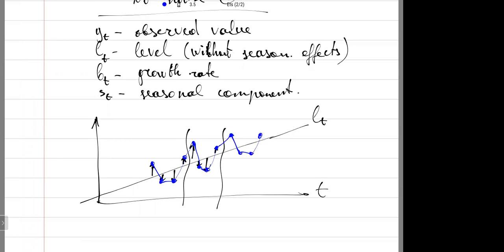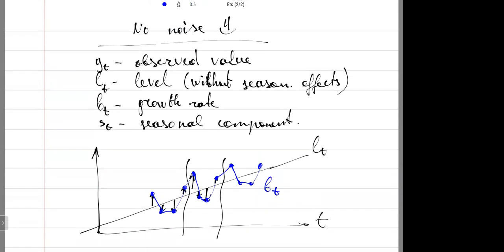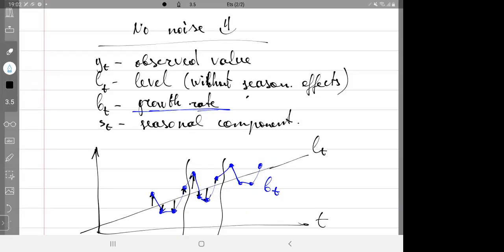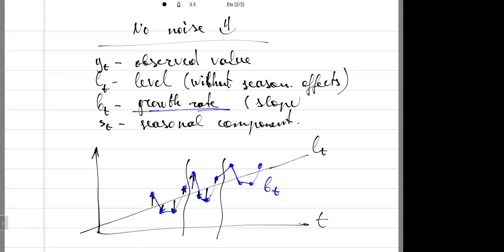I'm sorry, may I ask a question? Yeah. Since we know the level, I think this is like the trend. Why do we need B_t? B_t is a rate. In our case, it will be constant. It will be the slope. Yeah, that is what I mean, because B_t can be found as L_t minus L_{t-1}. Exactly. No? Because we will introduce noise in 5 minutes.